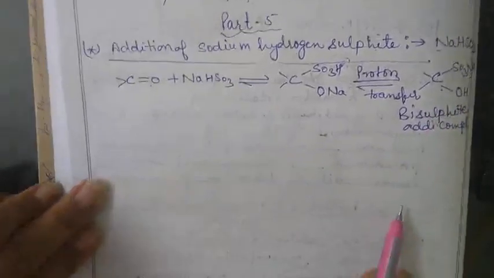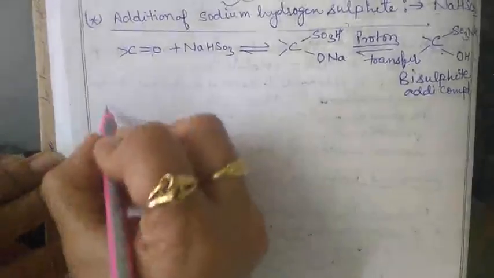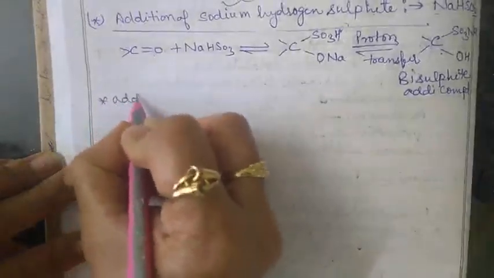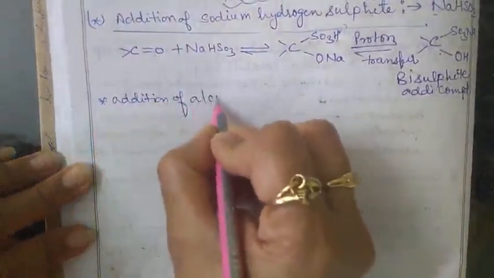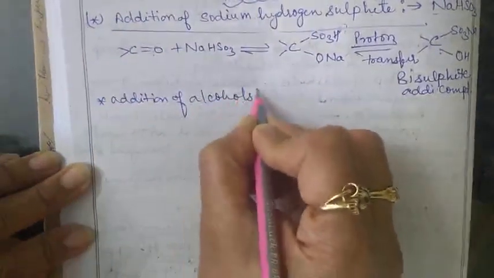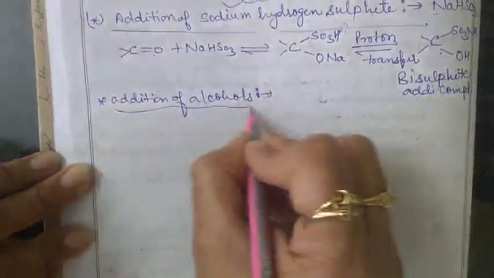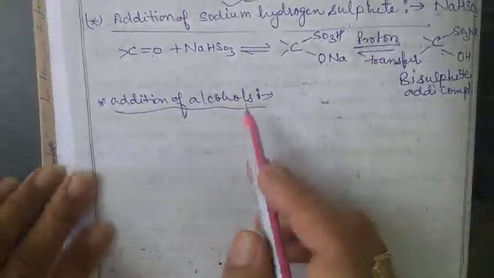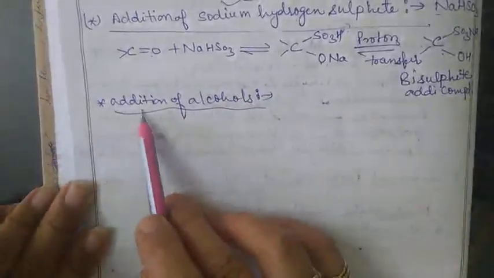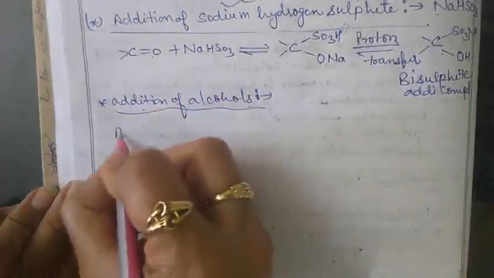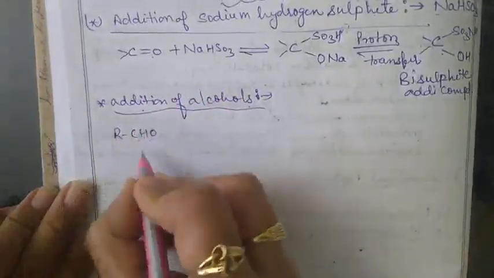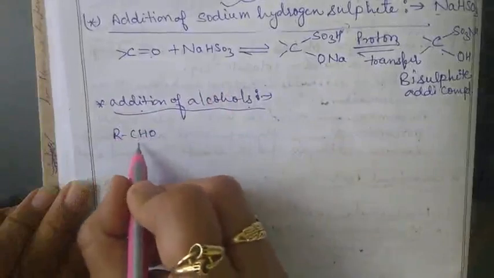Clear? Now the next addition is addition of alcohols. So what happens in case of alcohol? The addition of alcohol takes place to the aldehyde and the ketone. For example, we have RCHO, where CHO means the aldehyde.